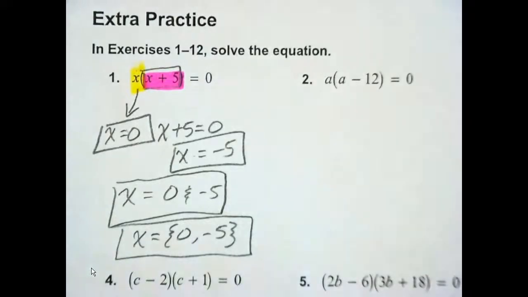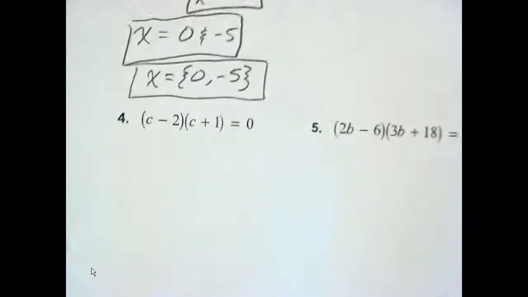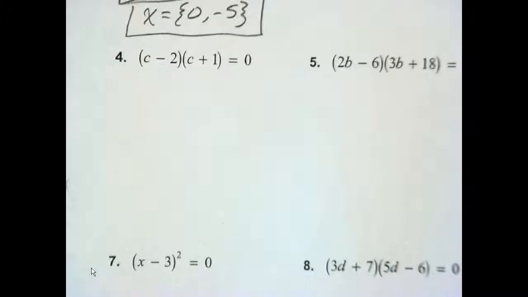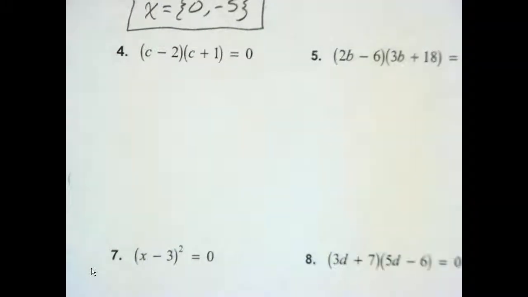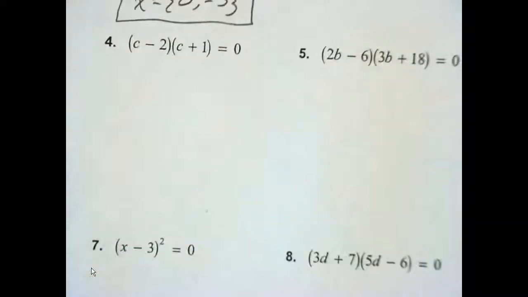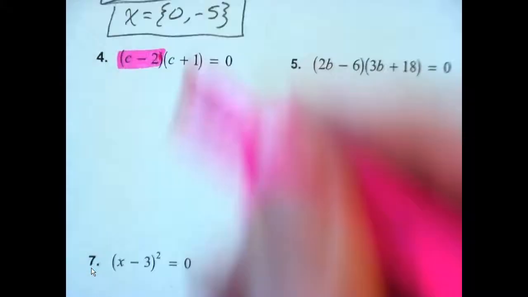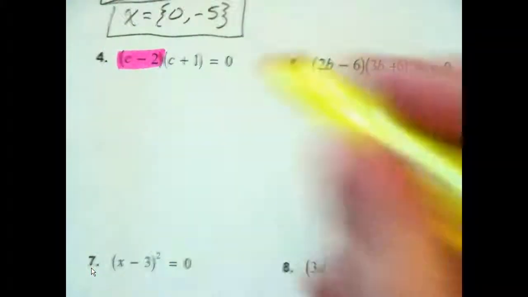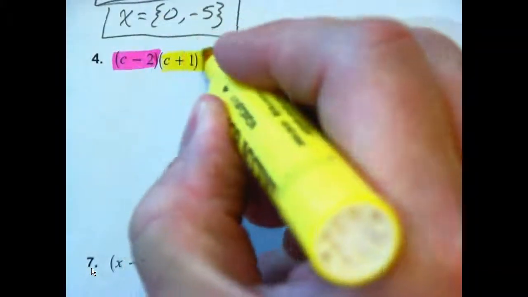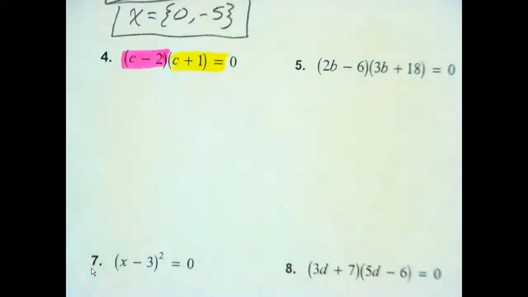Okay, let's go downward. Let's go to number 4. Go and tell your neighbor what the two things are that you're multiplying together. C minus 2 and C plus 1. The only benefit is that when you're multiplying, they're making 0.